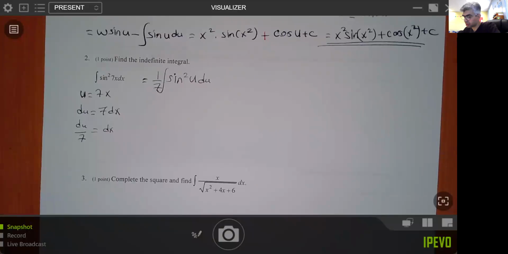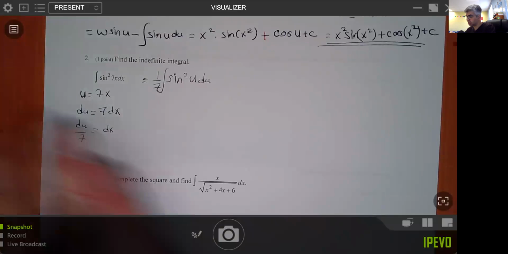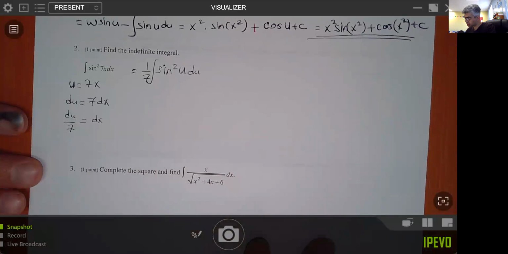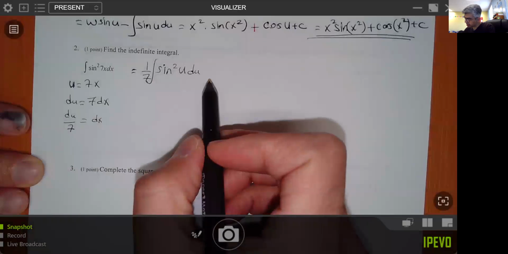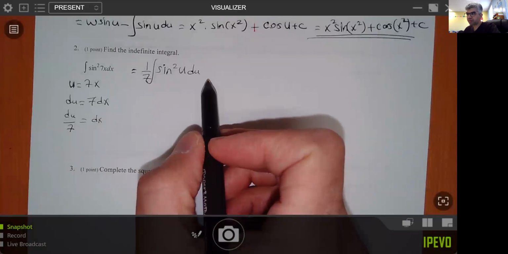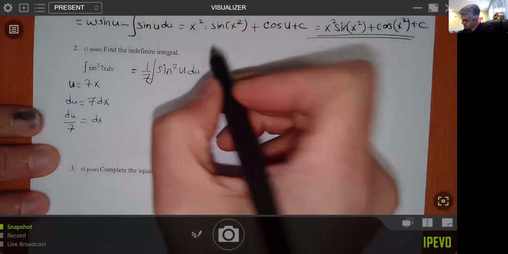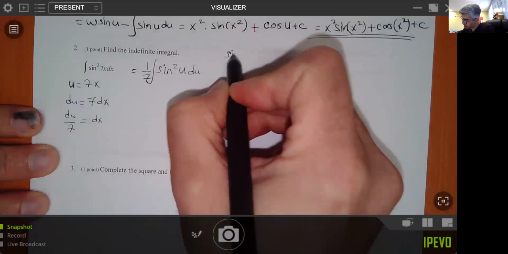It will be helpful. Remember that. And by the way, you can prepare your index cards and use them during the test next week.